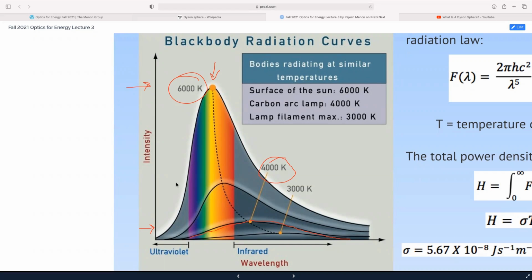The second thing is that the wavelength has shifted. Here it was in the yellow, and this has gone into the infrared. So the color of the source has changed. Now it turns out these are normalized plots. If you do an integral, the area under these curves is conserved, but that's not terribly important for our discussion here.